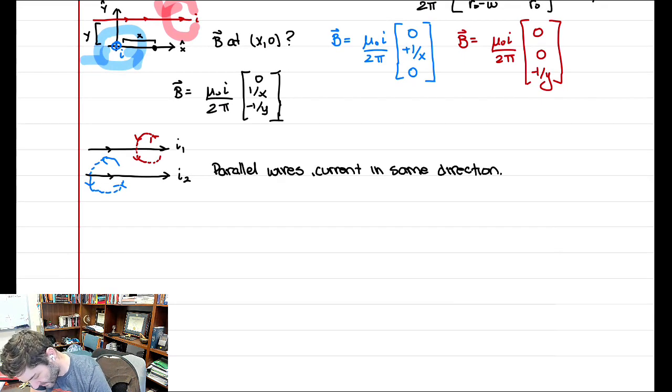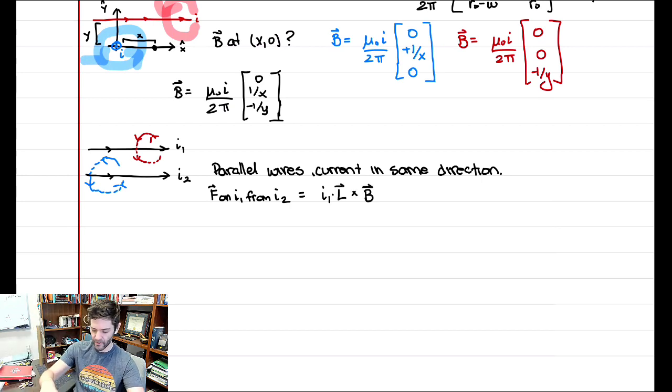So the force on I1 from I2, we know quantitatively, is I1 times the length of the wire cross the magnetic field that it is within. Again, not the magnetic field it creates, but the magnetic field it's within. So I might call this B2. It's the magnetic field created from wire 2, the one that has current I sub 2.